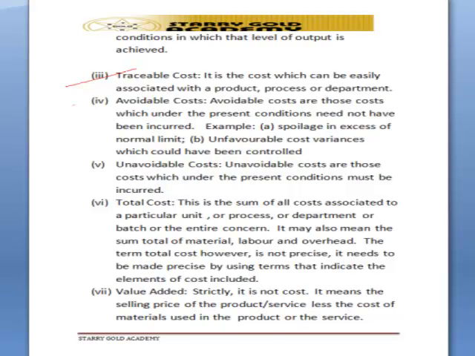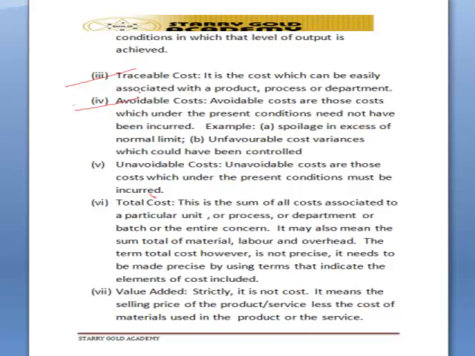We call them avoidable cost. Okay, so we have unavoidable cost, which is the other counterpart of cost. Unavoidable costs are those costs which under the present condition must be incurred. They must be incurred. We call them unavoidable cost.